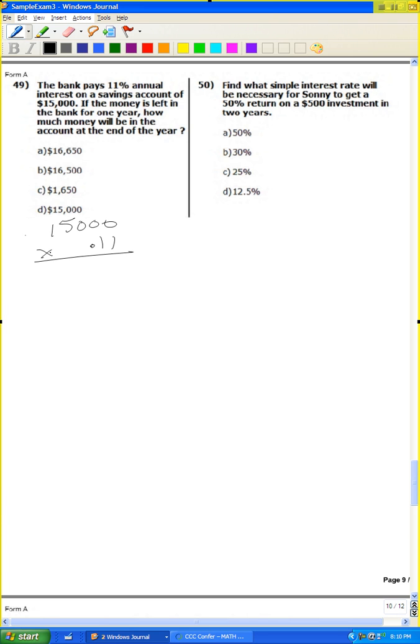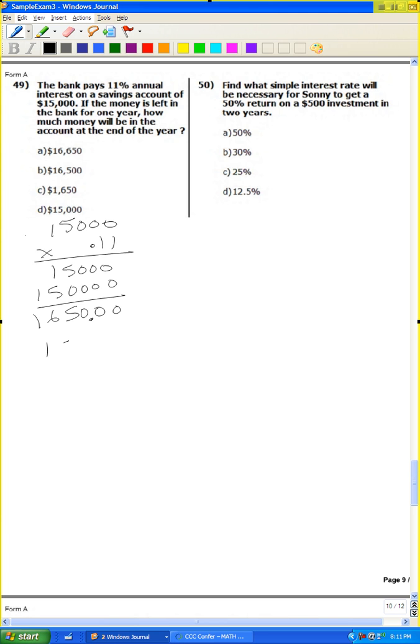So let's multiply by 0.11. So I get 15,000. Add 2 zeros. 1,650. So that's how much money you made.